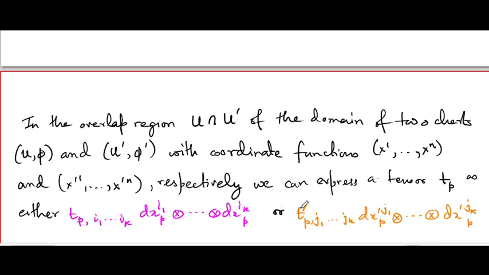Question is, can we relate these new components of the tensor, components in the coordinate chart (U prime, phi prime), with these original, quote-unquote original components?